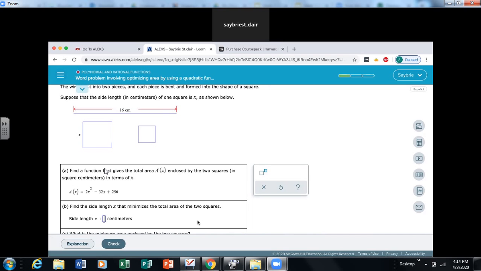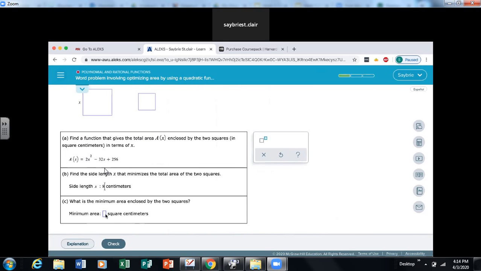I get 128 when I took that vertex 8 and plugged it into the equation. So for that B1, that's definitely going to be 8. And then C, I think, is 128, I believe. I hope.